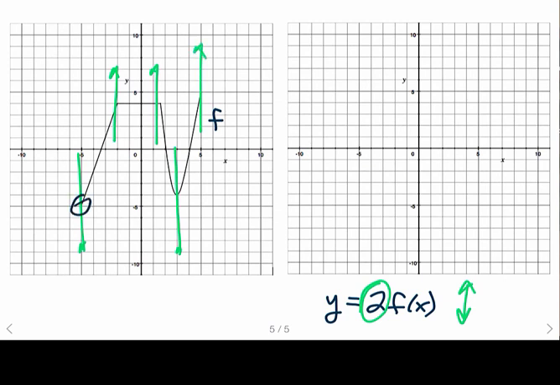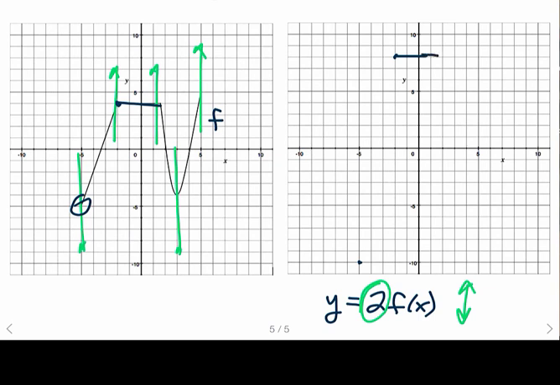So negative 5, doubling the y coordinate is going to be negative 5, negative 10. Negative 2, 4, doubling the y coordinate, it's going to land at negative 2, 8. And then likewise, that whole constant part of the line right there is going to have a y value of 8.